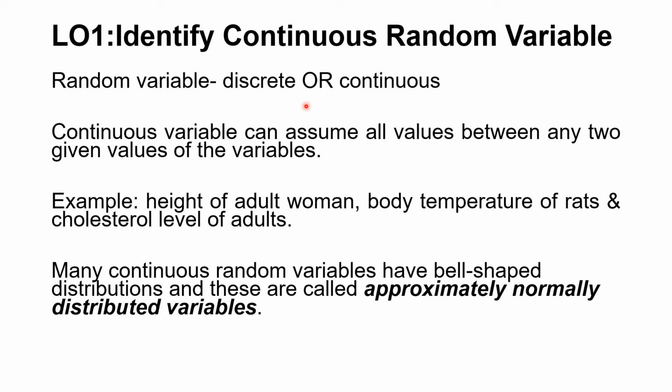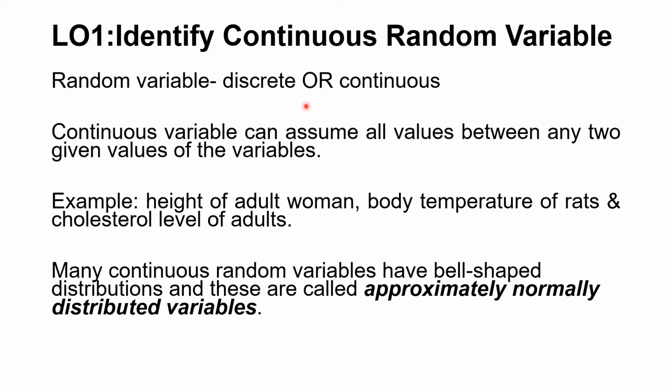The height of an adult woman would be, for example, 168.5, 175 or 173.3. So it's possible to have decimals for continuous random variables. Another example, with rats in the lab, is the body temperature of rats, like 36.9, 35.9. It's continuous data.